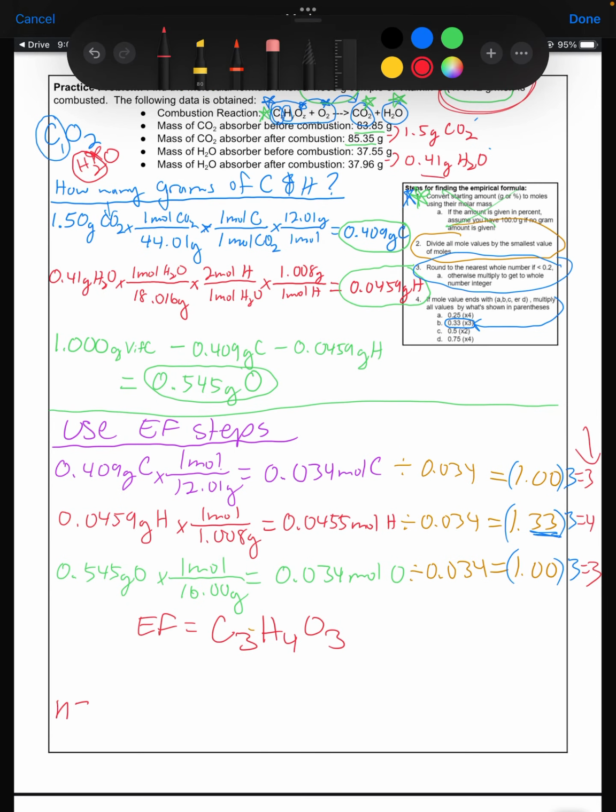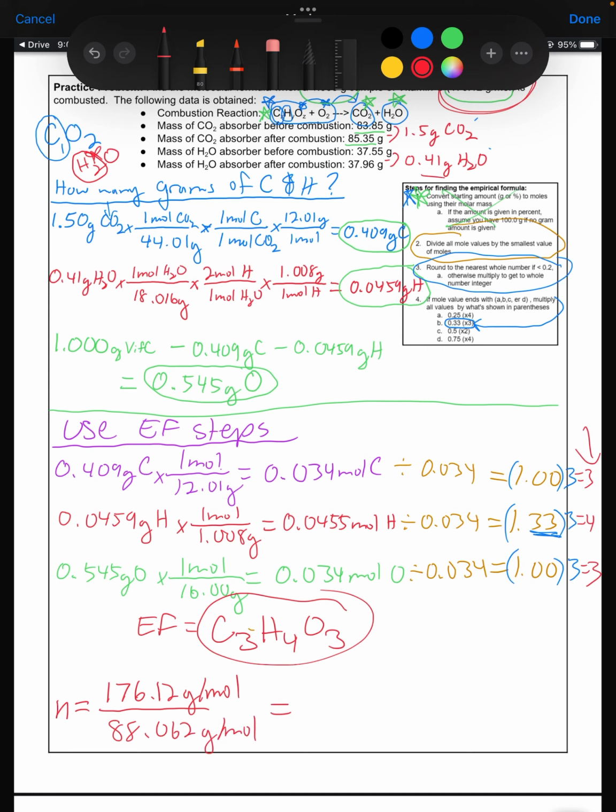I know that N, that factor that I'm going to multiply my empirical formula by, is equal to my molecular formula's molar mass, given in the problem as 176.12 grams per mole, divided by the molar mass of my empirical formula. For time, I'm just going to let you work that out on your own if you want to pause it, but it is 88.062 grams per mole.